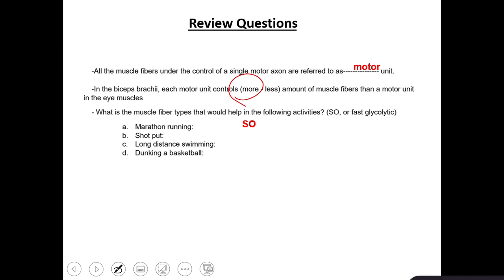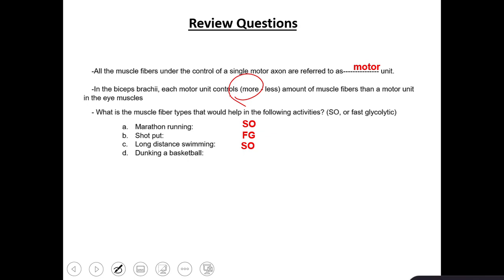Here you need work that is strong in a short time. So here you need your fast glycolytic fibers. Long distance swimming. Here you don't need to get tired quickly, but this is not an action that requires big force. So here you need the slow oxidative fibers.